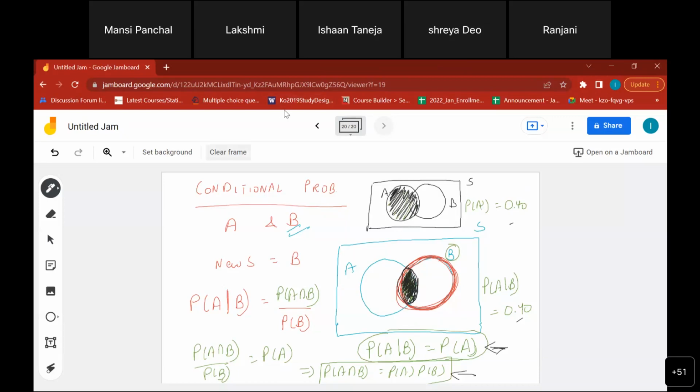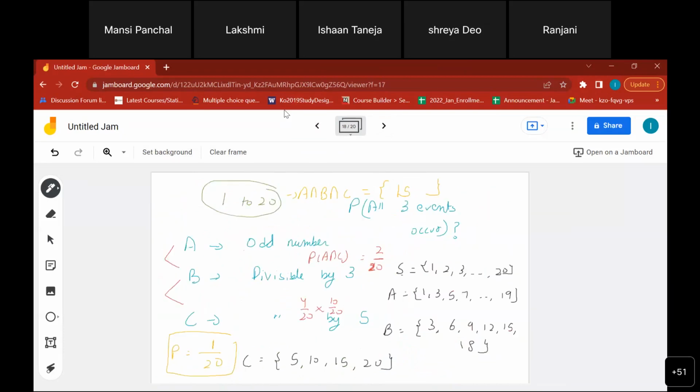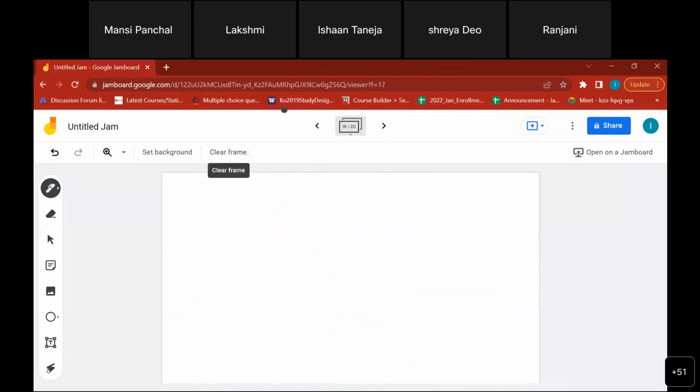Okay. Firstly, let's try this one. Suppose there are three persons: person A, person B, and person C. And we have assigned the same task to each of them. The probability that A will complete the task is 1/4.